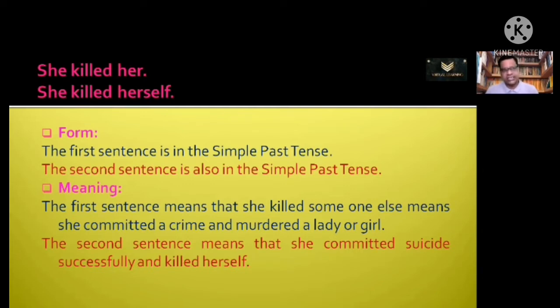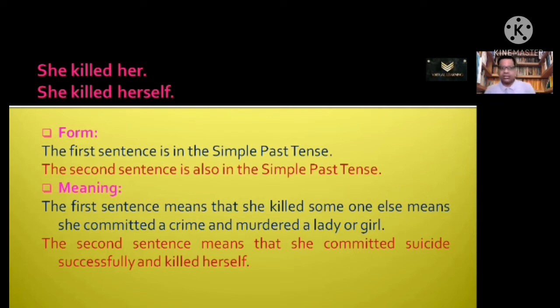Now you have the second sentence. She killed herself. The second sentence means that she committed suicide successfully and killed herself. So killing herself means the attempt of committing suicide successfully. And that's why in both the sentences, you have she functioning as subject, killed functioning as verb.